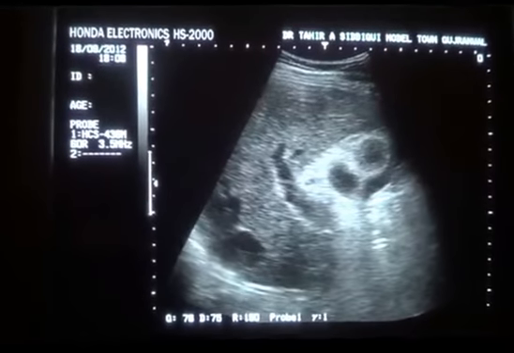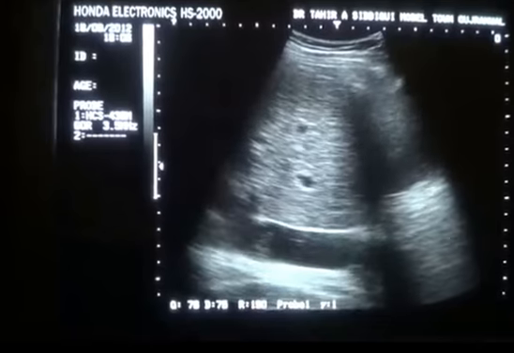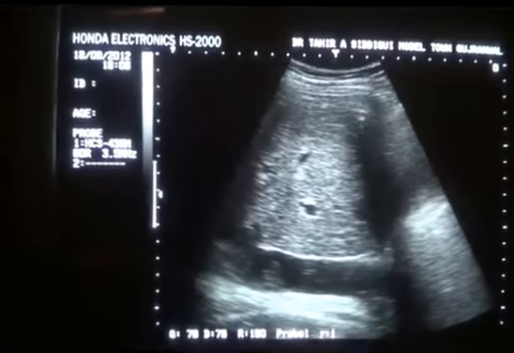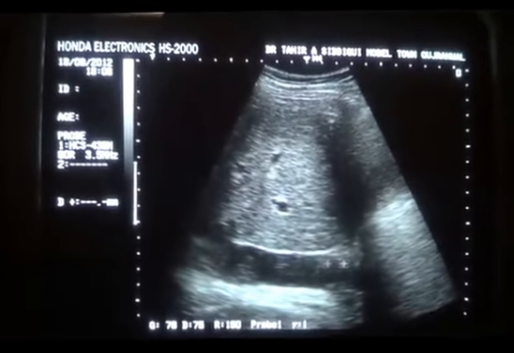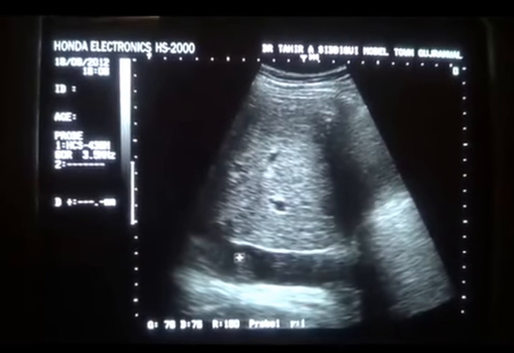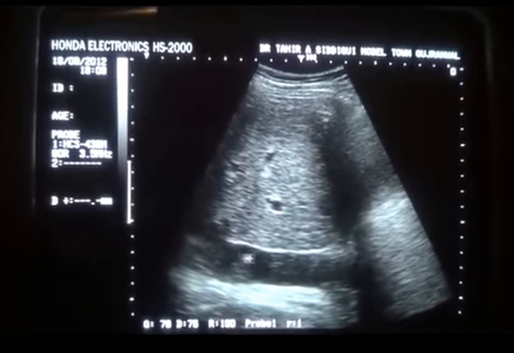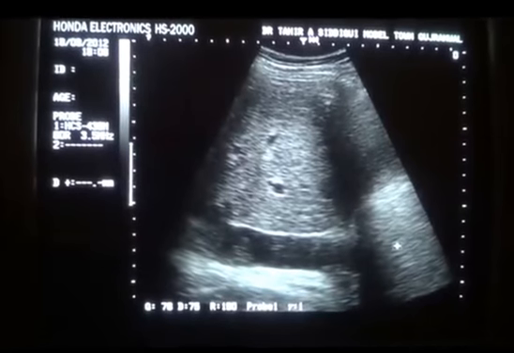Now when I move the probe 90 degrees, this cystic area that you were seeing becomes tubular, and you can still see that this is the IVC in longitudinal section, and this evenly echogenic area is suggestive of a clot formation within the IVC.